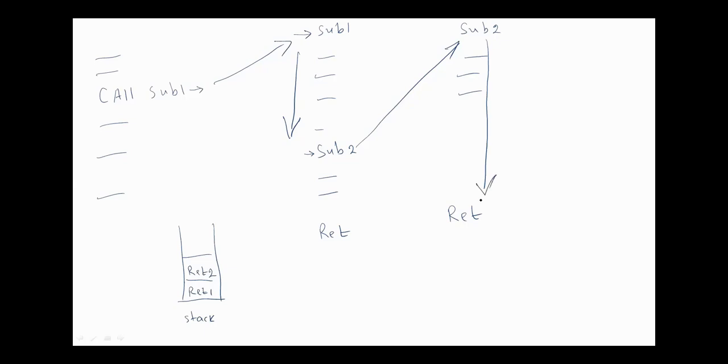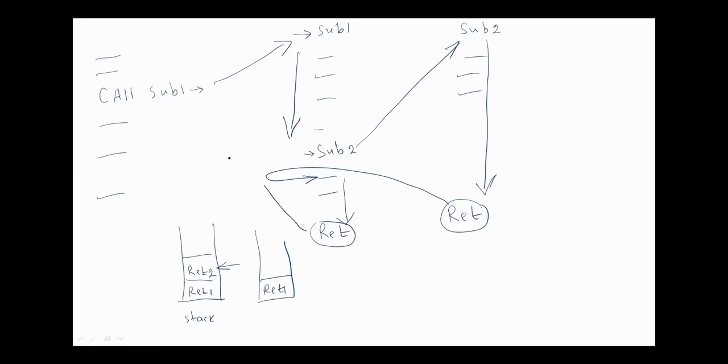When we encounter the return here, this return address is popped from the stack. So control is transferred to this statement. And when we encounter this last return statement, this value is popped from the stack and control is transferred here.